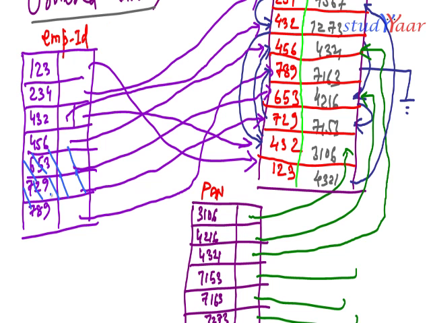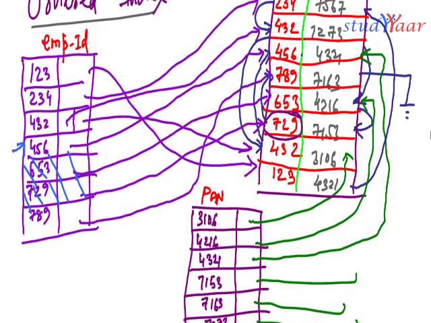Now in order to find 729, I would find the record which is just smaller than 729. So I would go to the record containing the 456 search value. From 456 I would go to this record and I would follow my pointers. So 456 is pointing to 653 and 653 is pointing to 729, and in this way I find my entry.